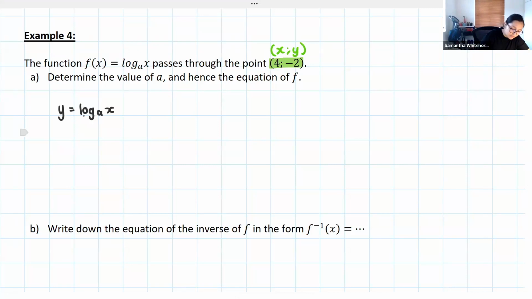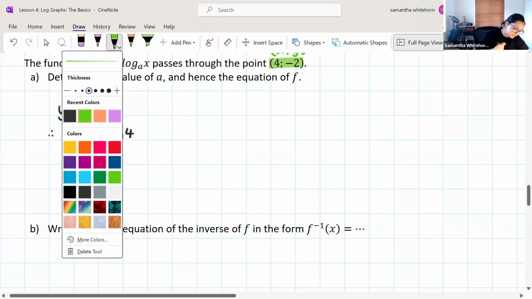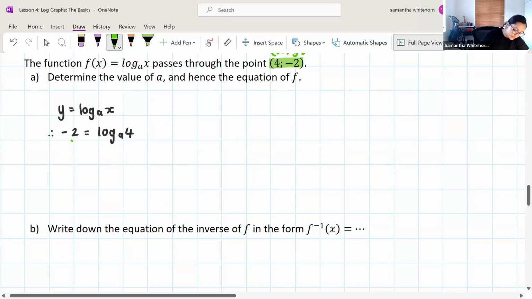I'm going to substitute my x and y values. So negative 2 is equal to log base a of 4. And this is where the conversion is really useful, right? This is where if we can convert now to an exponential, I can solve for a. So remember, this is our exponent.